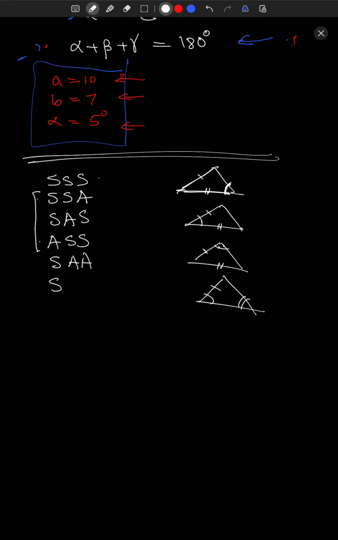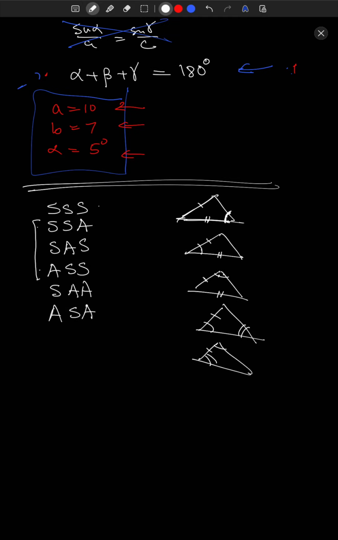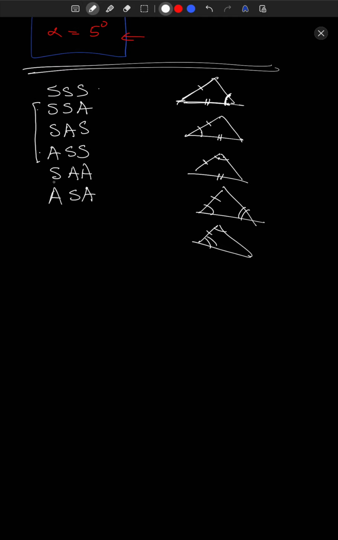I could give you a side, an angle, a side, and an angle, right? Like that. So that would be the picture where I give you this angle, this side, and that angle. Again, very, very different from the previous one because here the side is in between the 2 angles. And the one above, the side is not in between the two angles.